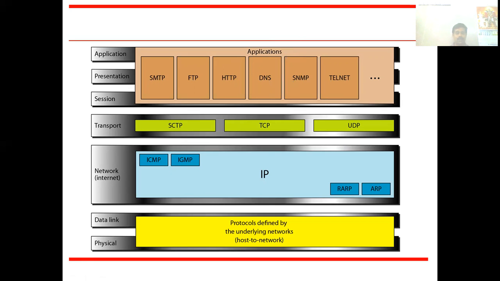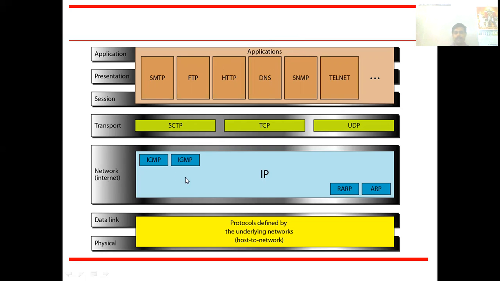And this host to network layer is the lowest layer of this TCP/IP model, or TCP/IP protocol suite. It is responsible for the transmission of the bit stream, that is, transmission of data to the physical medium.